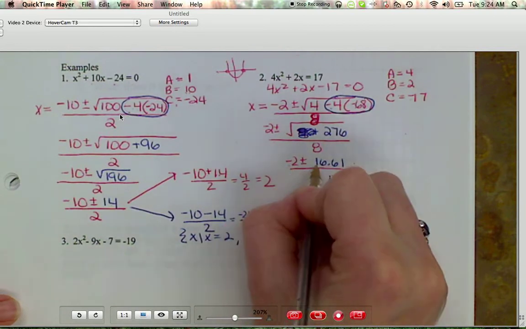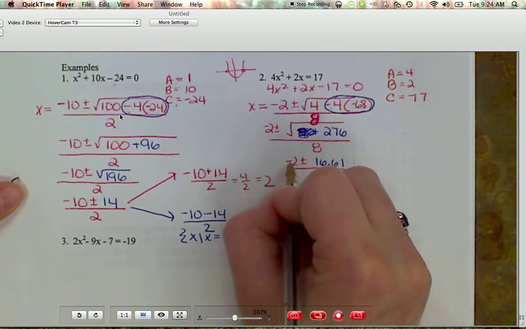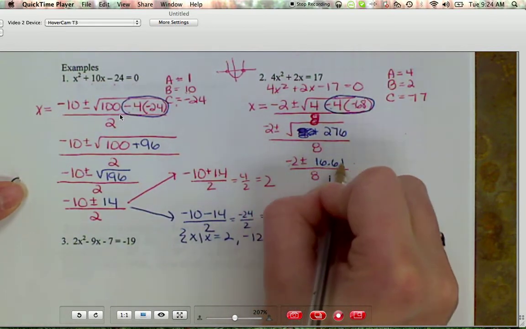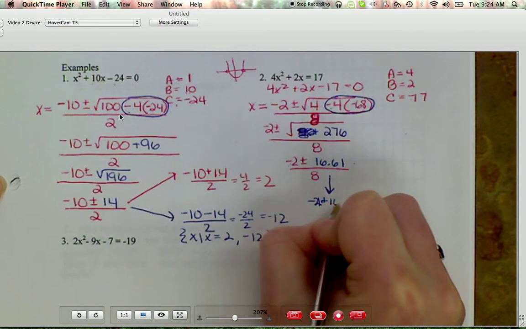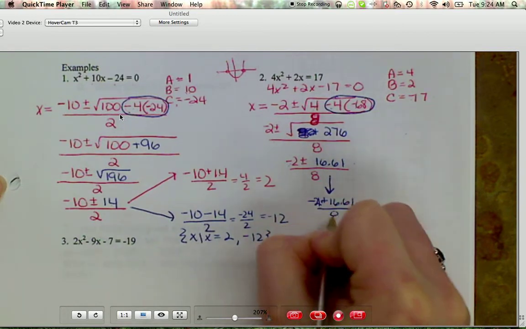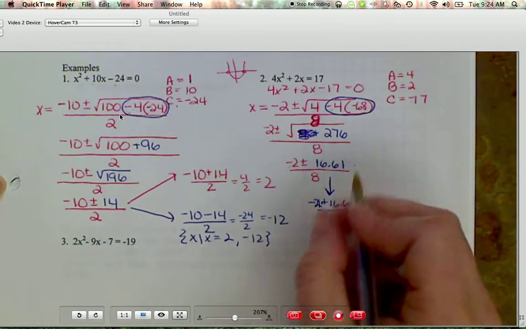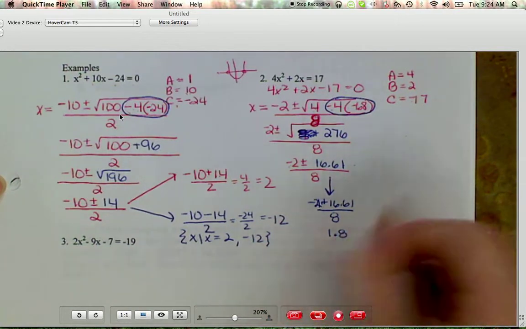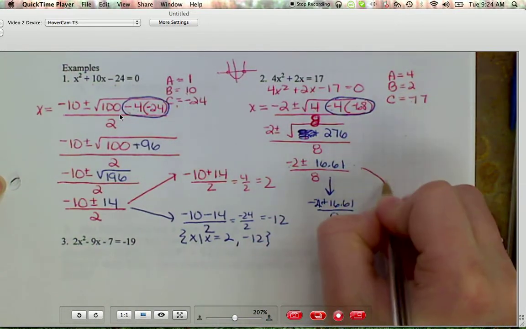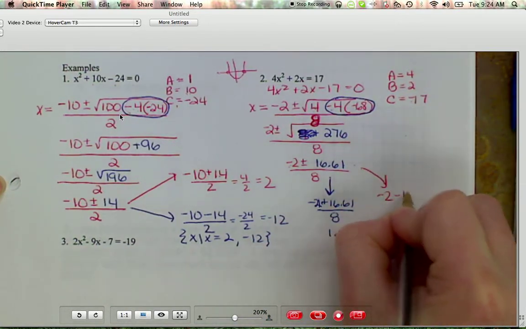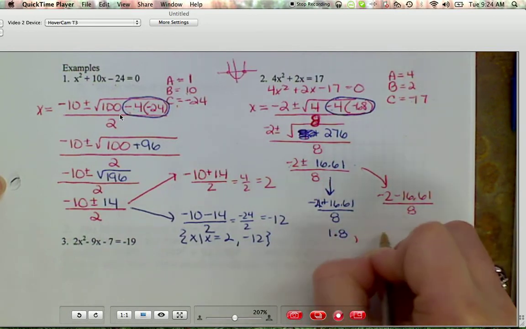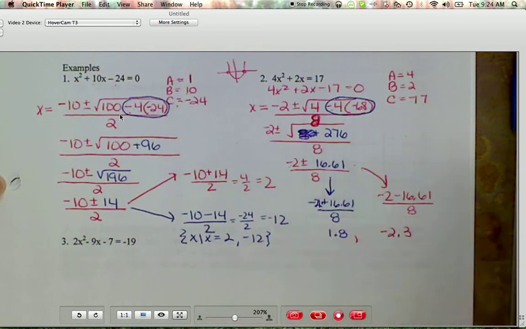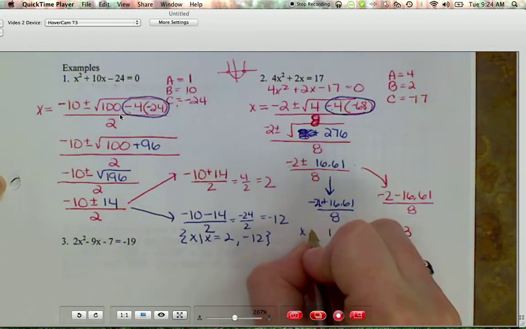So -2 plus 16.61 over 8 gives us 1.8. And -2 minus 16.61 over 8 gives us -2.3. And then you can put your set notation there.